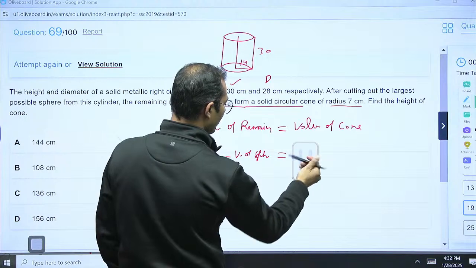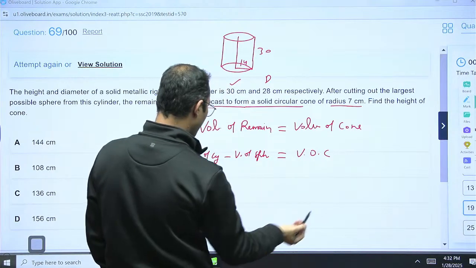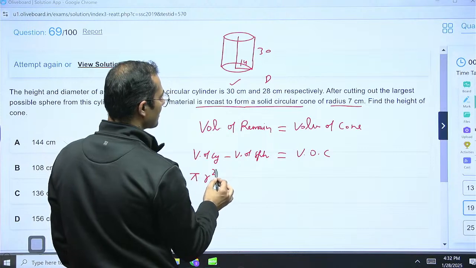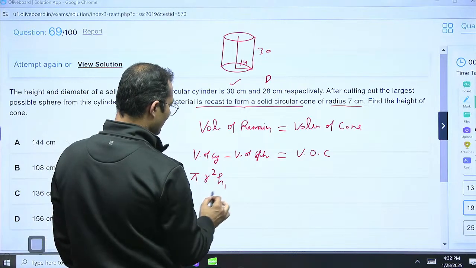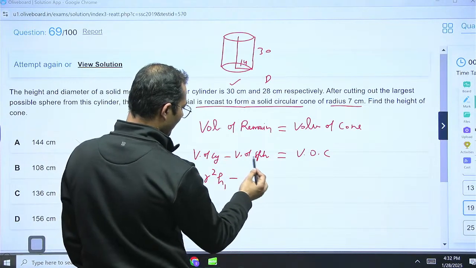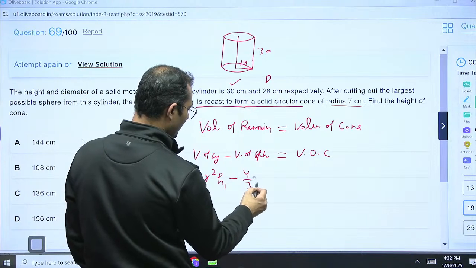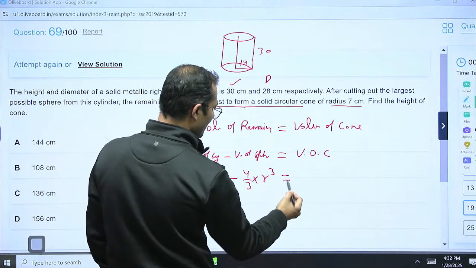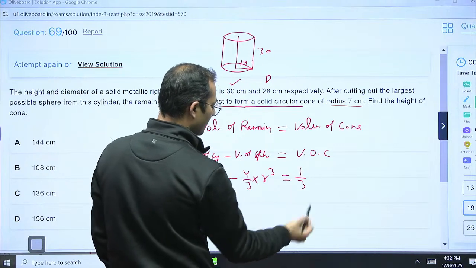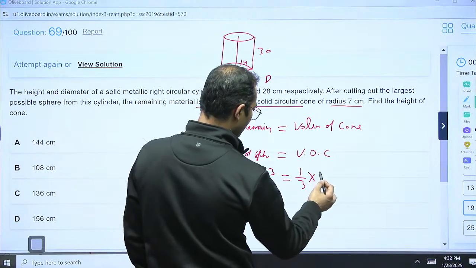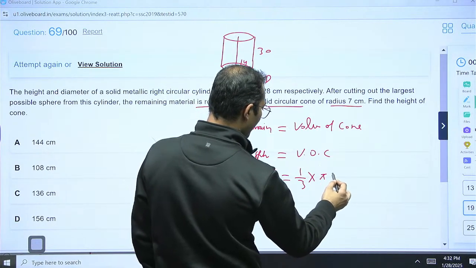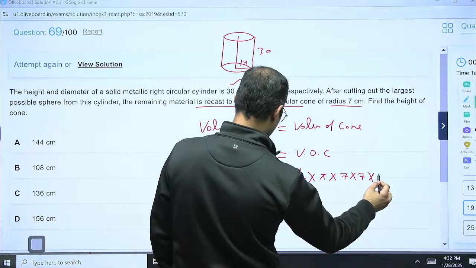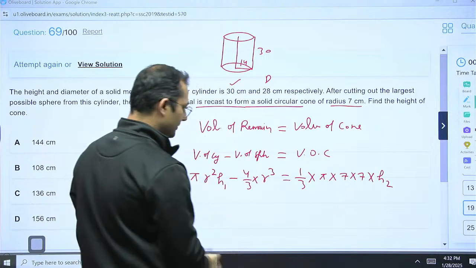Volume of cylinder is pi r square h1, and volume of sphere is 4 upon 3 pi r cube, equal to 1 upon 3 pi r square, 7 into 7 into h2.